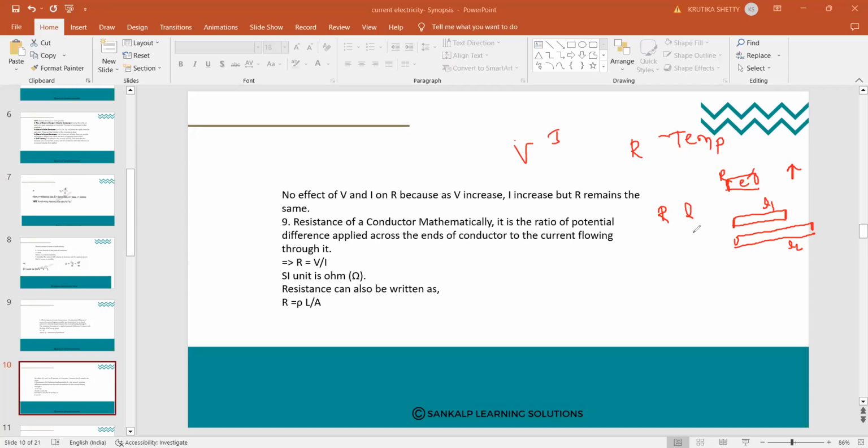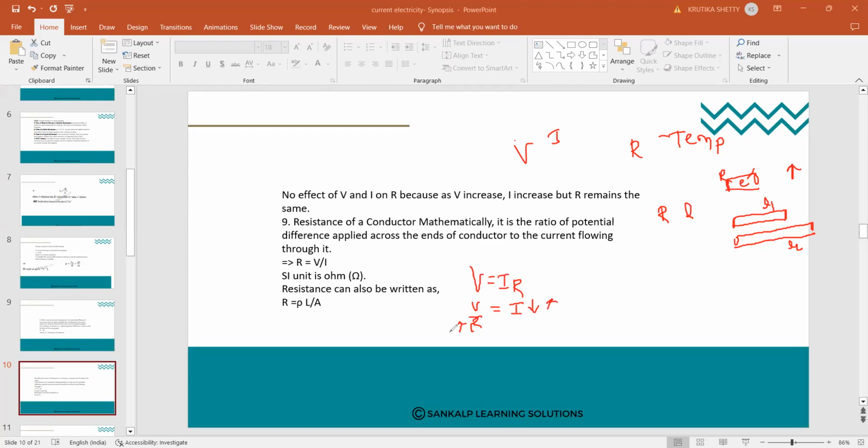So when the current is more, look here at the resistance: we have V equal to I into R. Therefore, I is equal to V by R. Here the current is in the numerator and the resistance is in the denominator. So if the resistance value is increasing, the current value is decreasing.